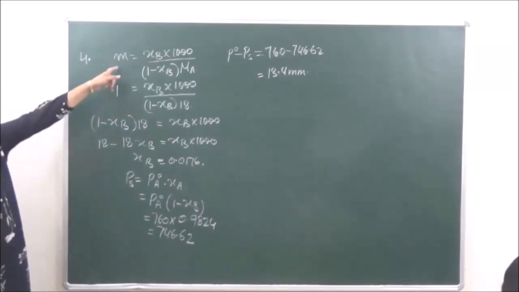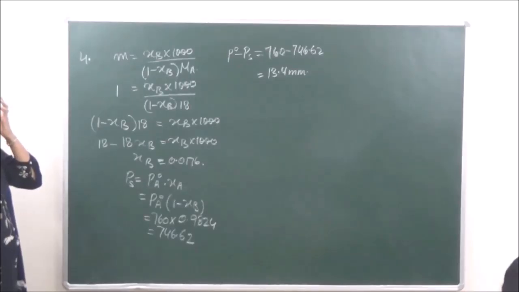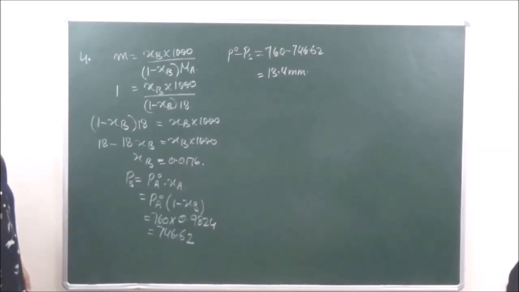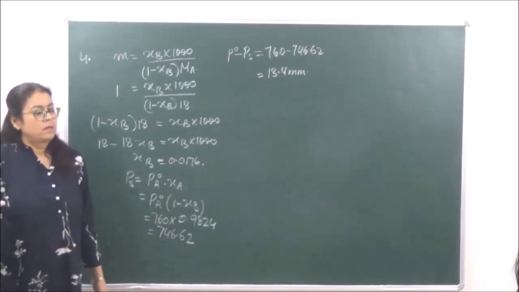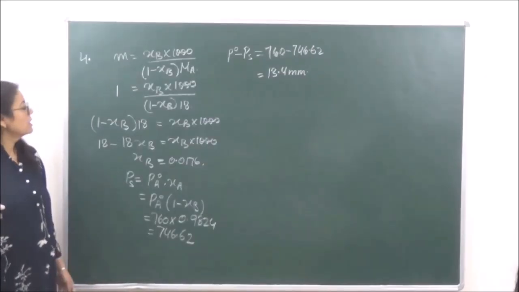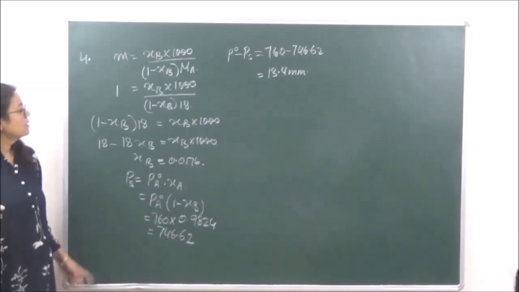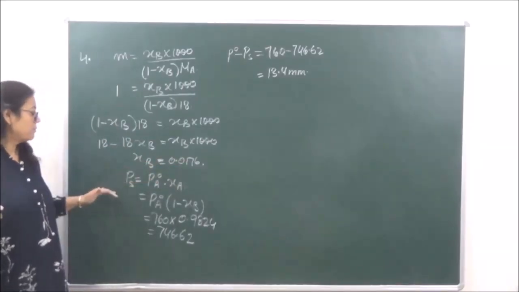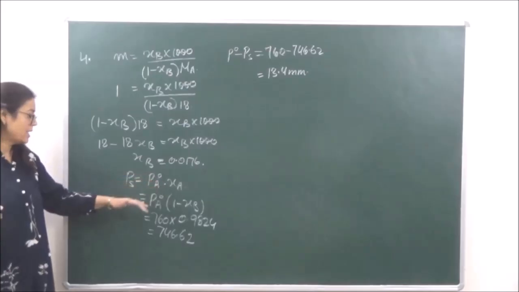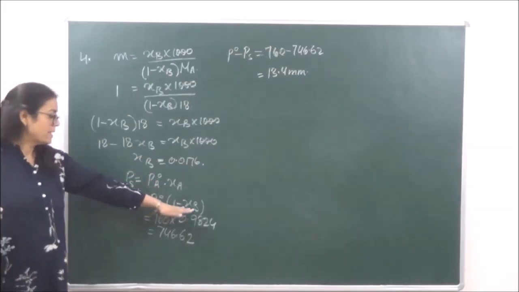So we have calculated XB first from the molarity equation. Molarity is equal to XB into 1000 upon (1 minus XB) into MA. From that we get XB, which is calculated as 0.0176. Then PS is equal to PA naught into XA, and XA is equal to 1 minus XB.